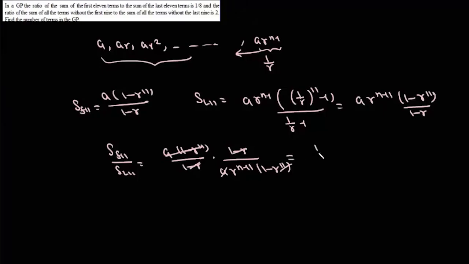So it is 1 upon r to the power n minus 11, and it is given as 1 by 8. So the condition that we have here is r to the power n minus 11 is equal to 8. And that's our first condition.